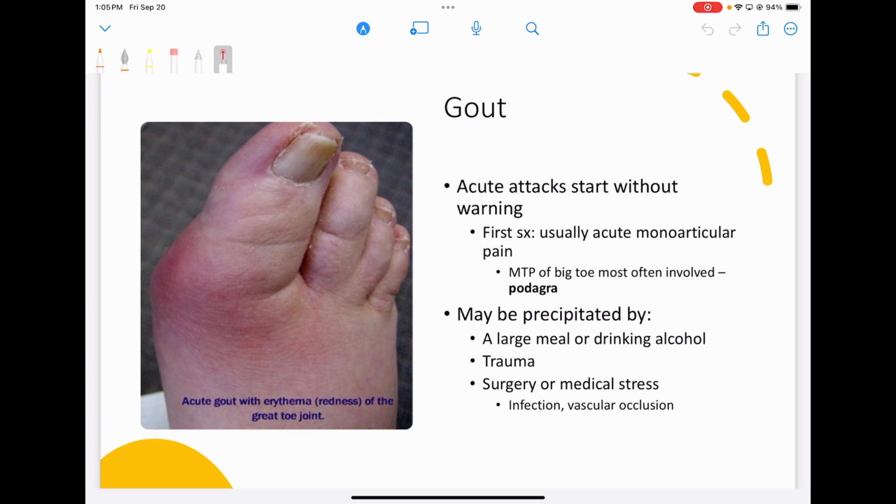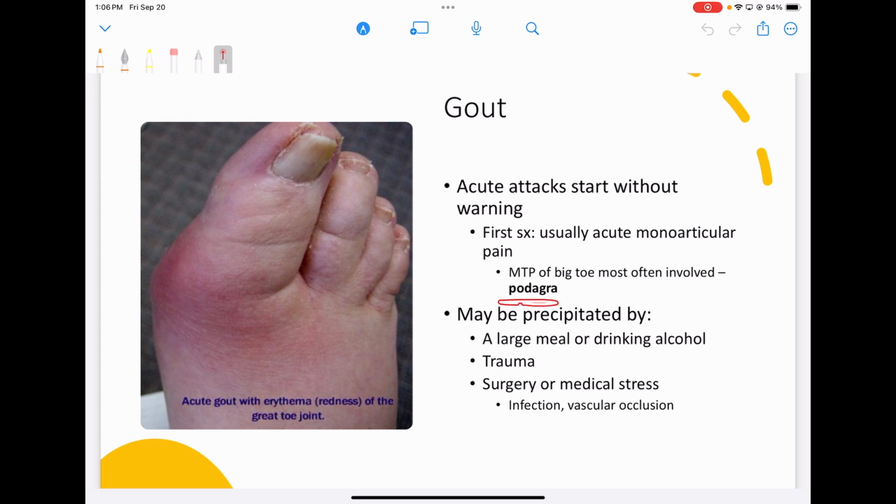Infected joint, unilateral. DVT, unilateral. CHF swelling, bilateral. See, start thinking about which things will be bilateral and which ones are unilateral. When you see only one leg swollen, it can't be CHF because both legs would be swollen. That's when we start thinking about different things.